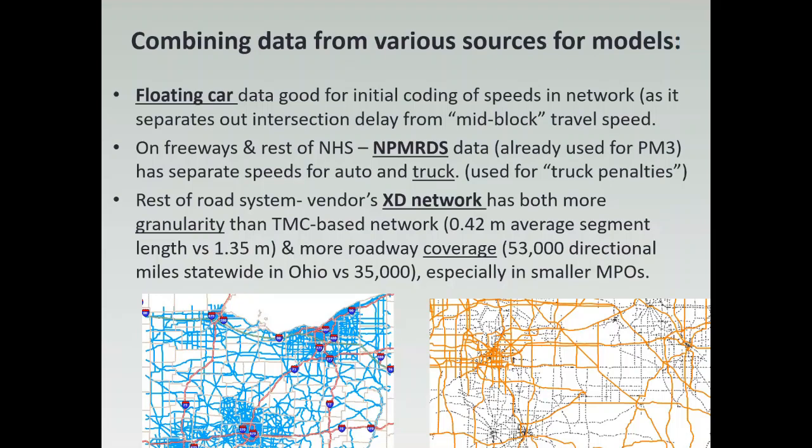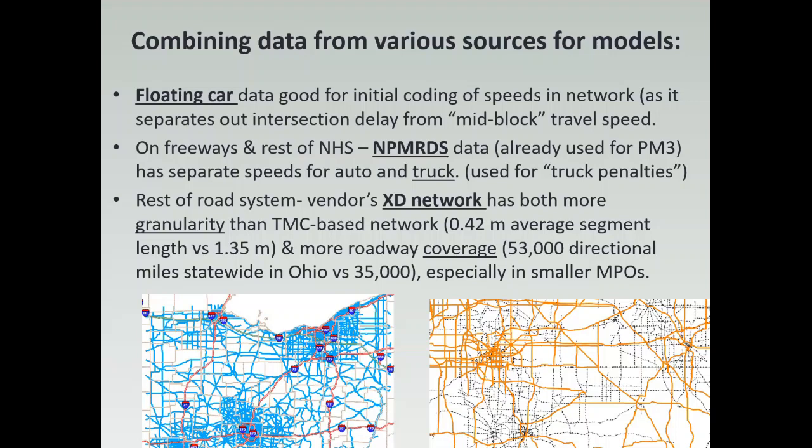Most of the floating car data that we're still working with is circa 2000 in terms of when it was collected. And again, we're mostly using it for being able to code initial or free flow travel speeds on model networks before everything that is attributable to traffic control, curve and grade, railroad crossings, you name it.